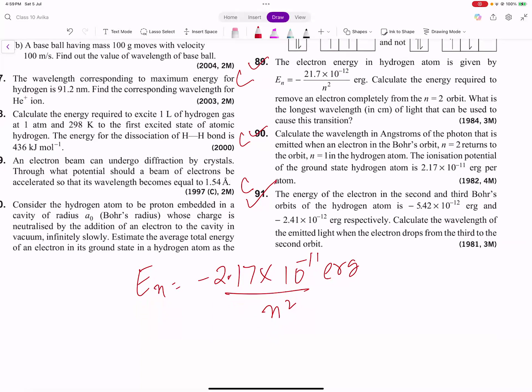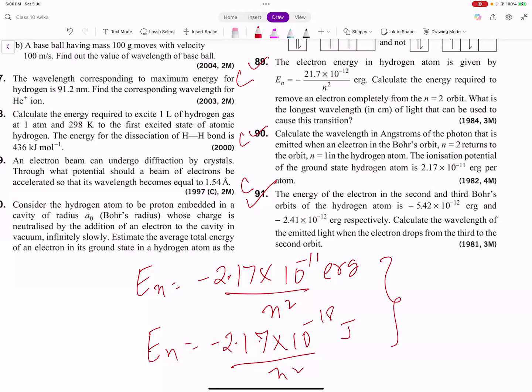And I also know that in joules it is minus 2.17, actually 2.18 it is, 10 to the power minus 18 joule by n square. So from here I can get the relationship between joule and erg because they have to be same.